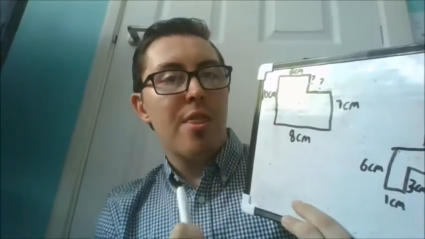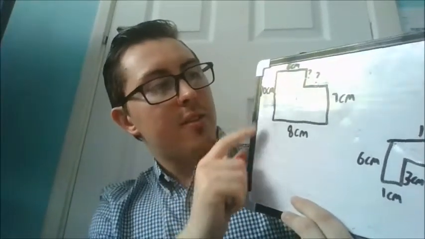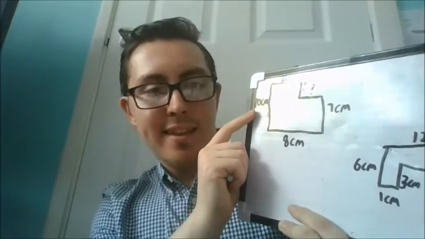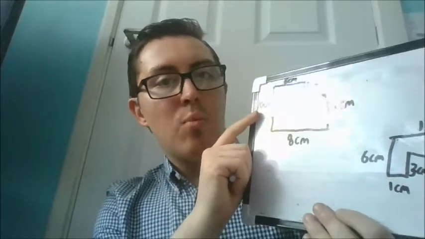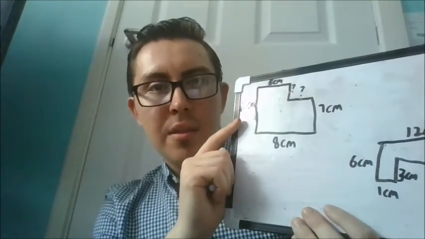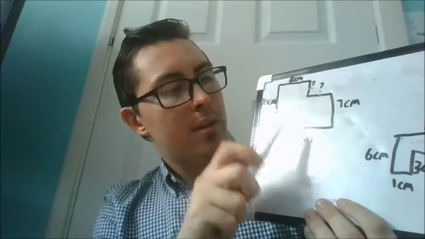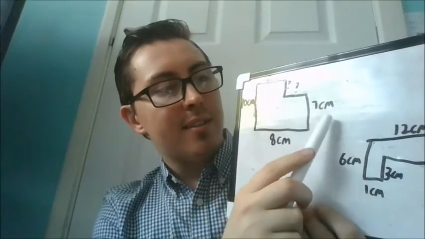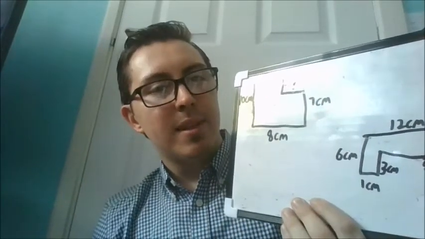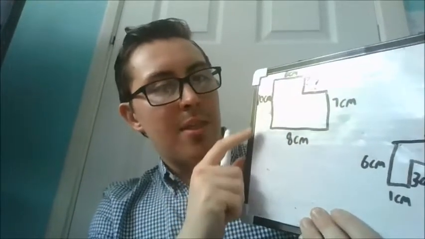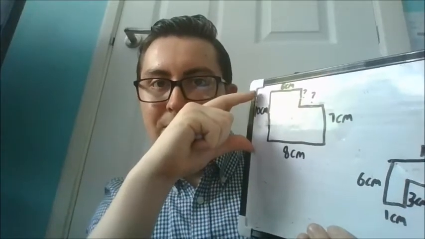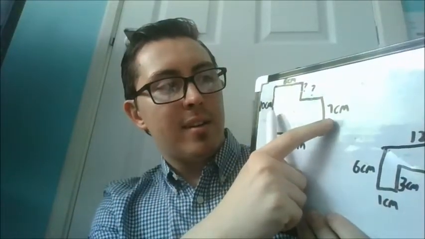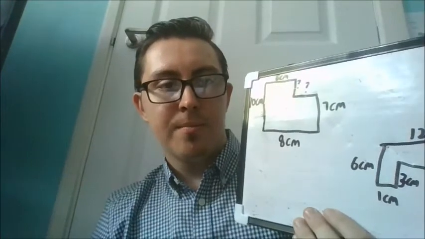So let's look at the length. The length of this is 10 centimeters. And what other side gives us a length? That's the width. It's this answer, 7 centimeters. We know our length in total is 10, but this side gives us 7 centimeters.